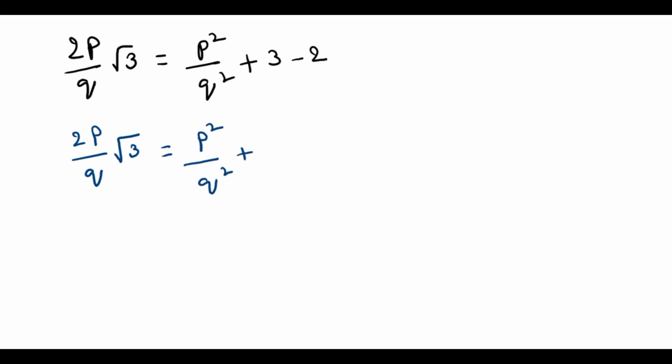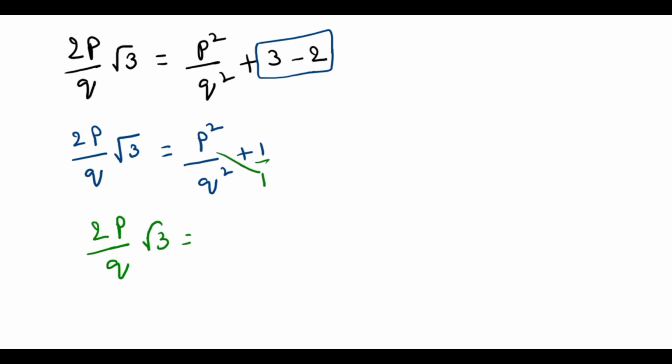Then take a cross multiplication: 2p by q root 3 equals, by multiplying, p square into 1 is p square plus q square into 1 is q square, divided by q square.